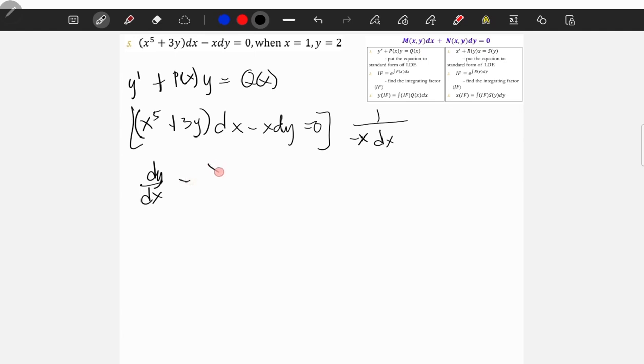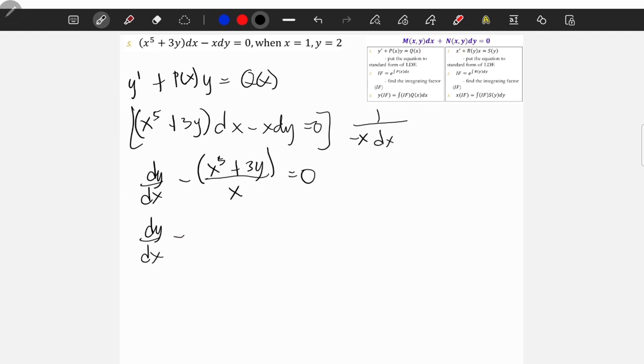Then we copy x to the power of 5 plus 3y all over x. Positive divided by negative is negative. This is 1. And copy x to the power of 5 plus 3y over x equal to 0. So, copy dy over dx.